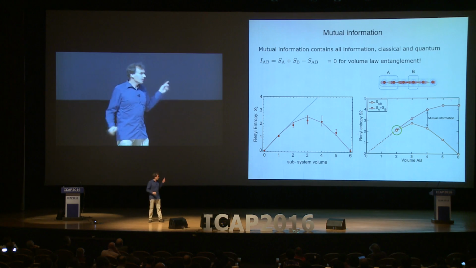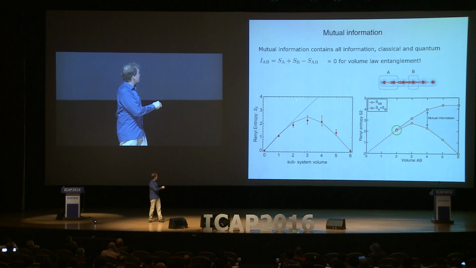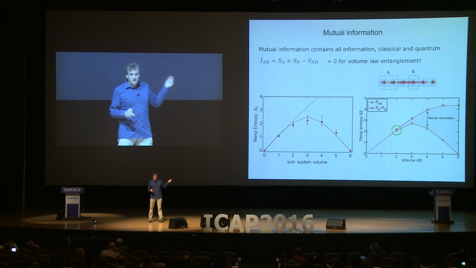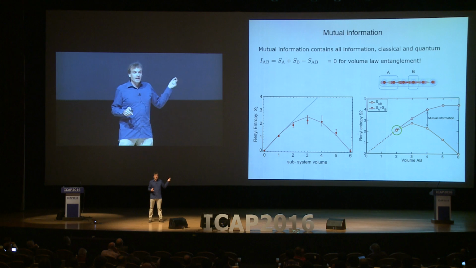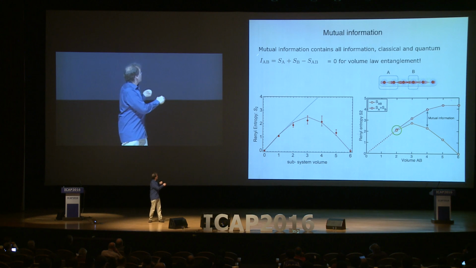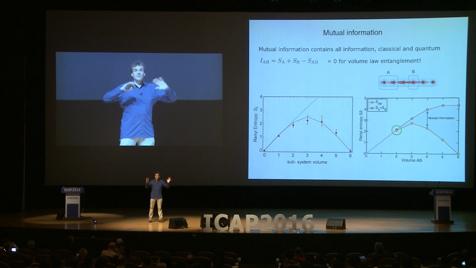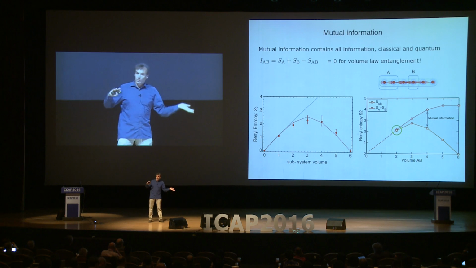Because volume law entanglement, where the entanglement grows proportional to the volume, has the amazing property that it doesn't create any correlations. You can define the mutual information S_A plus S_B minus S_AB, which quantifies the sum of all correlations, classical or quantum.